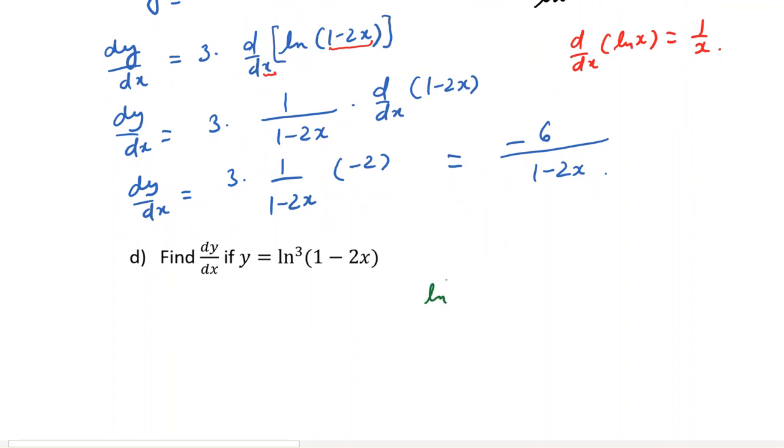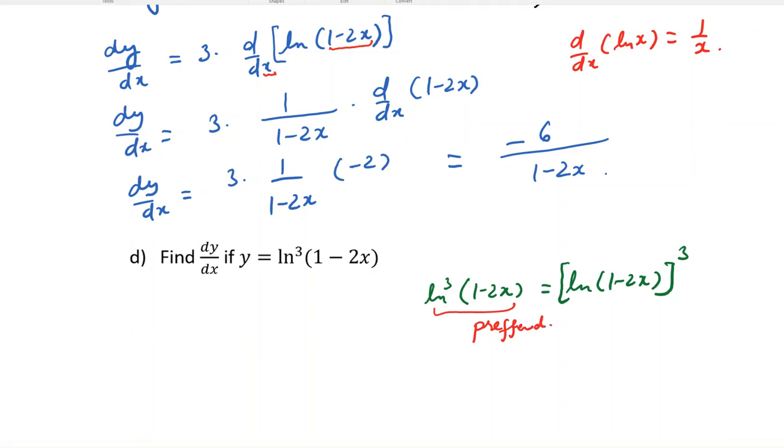You would be surprised to know that this means the same thing as ln cubed of 1 minus 2x, the whole thing cubed. This is the preferred notation, but essentially they are the same thing.